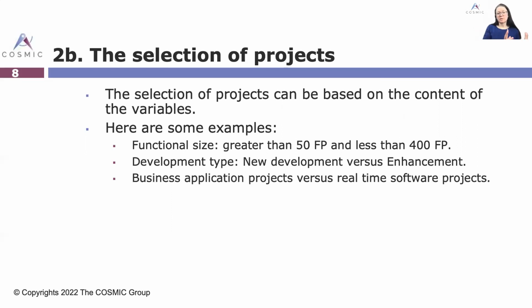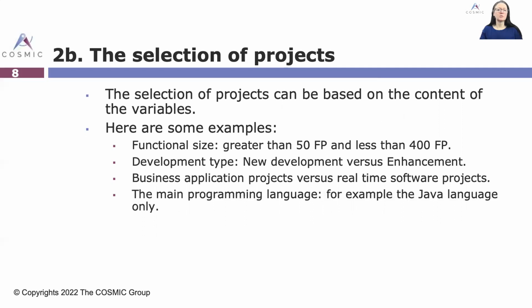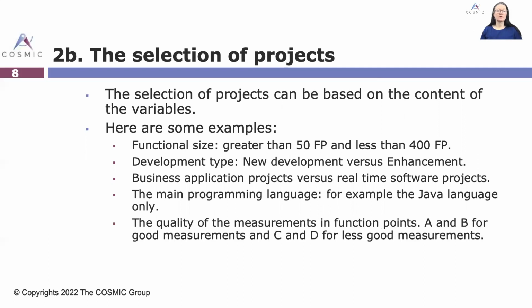There's business application project versus real-time software project. What we will look at today is business application projects. The main programming language, for example, the Java language only. There's the quality of measurement in function points.